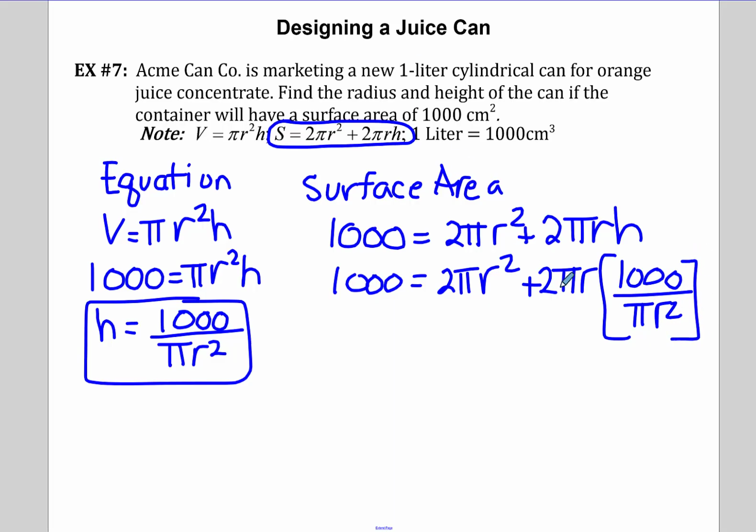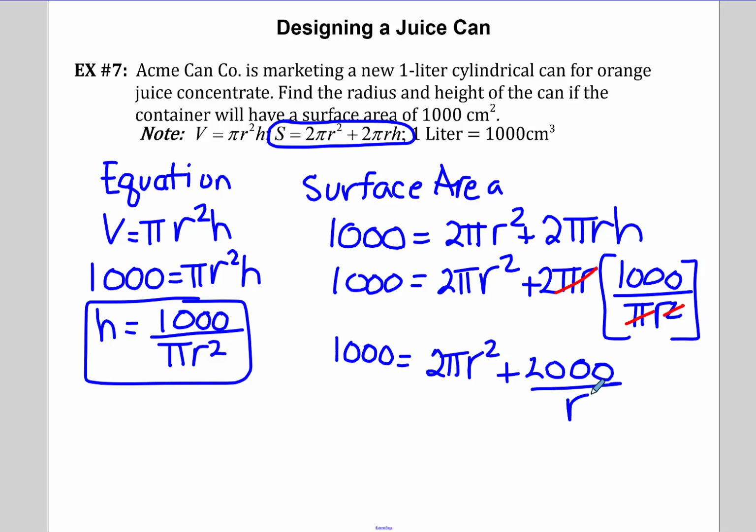So we can get rid of the pi and one of the r's and have 1,000 is 2 pi r squared plus 2,000 divided by r.